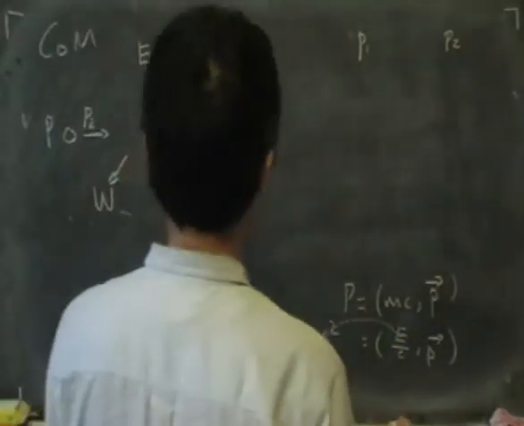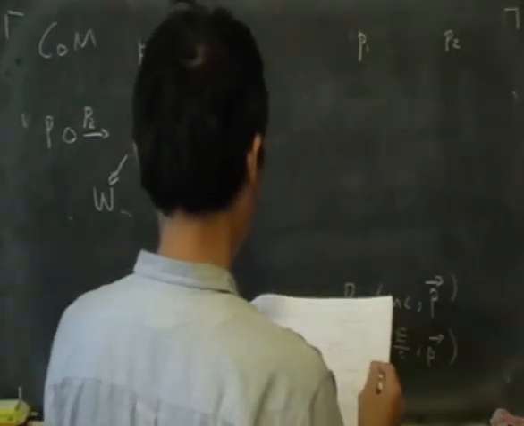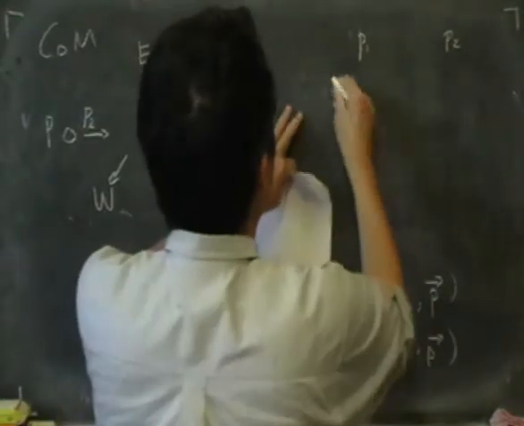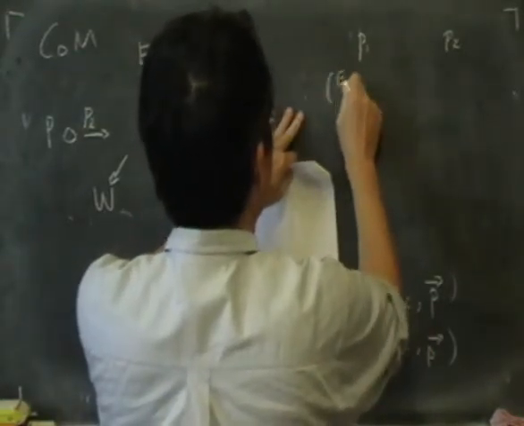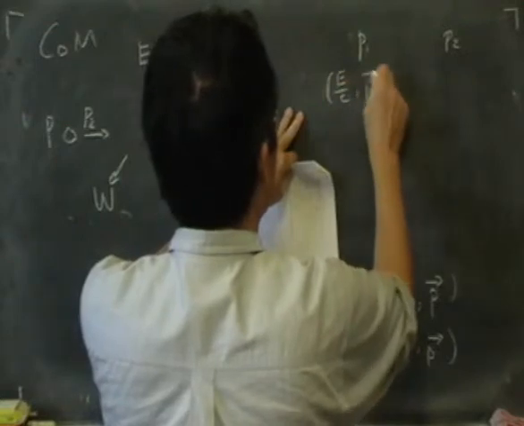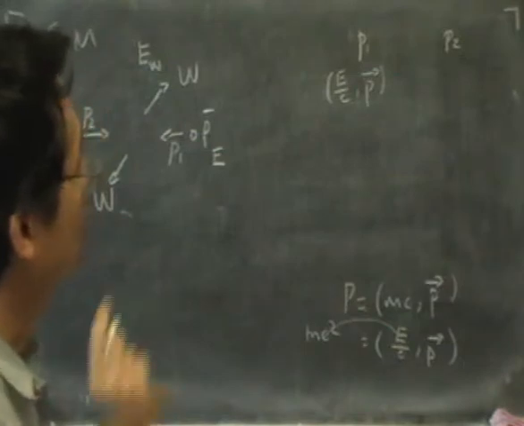Therefore the four-momentum for this is (E/c, p), where p is the three-momentum vector.